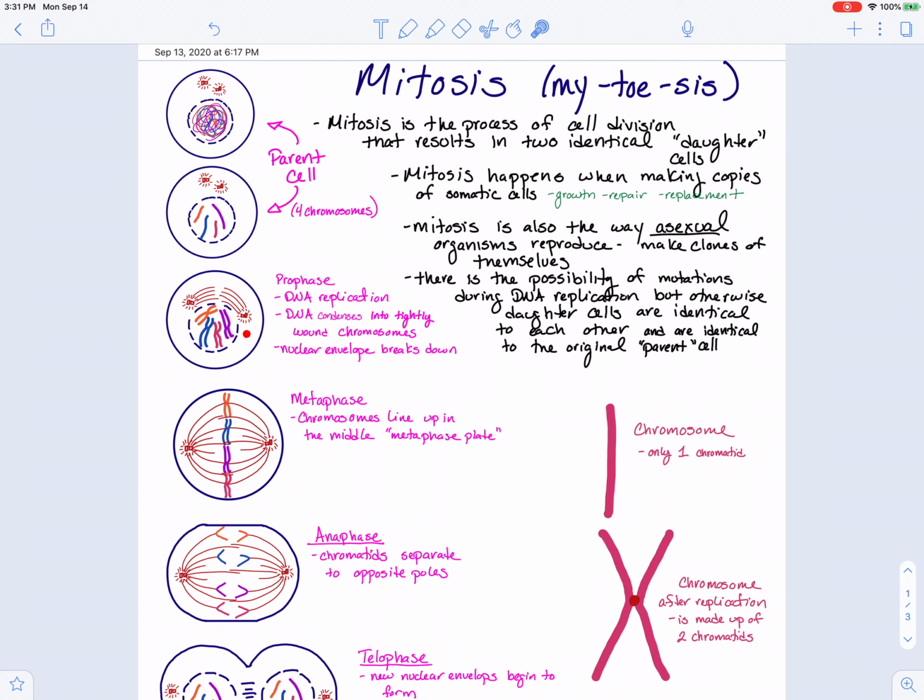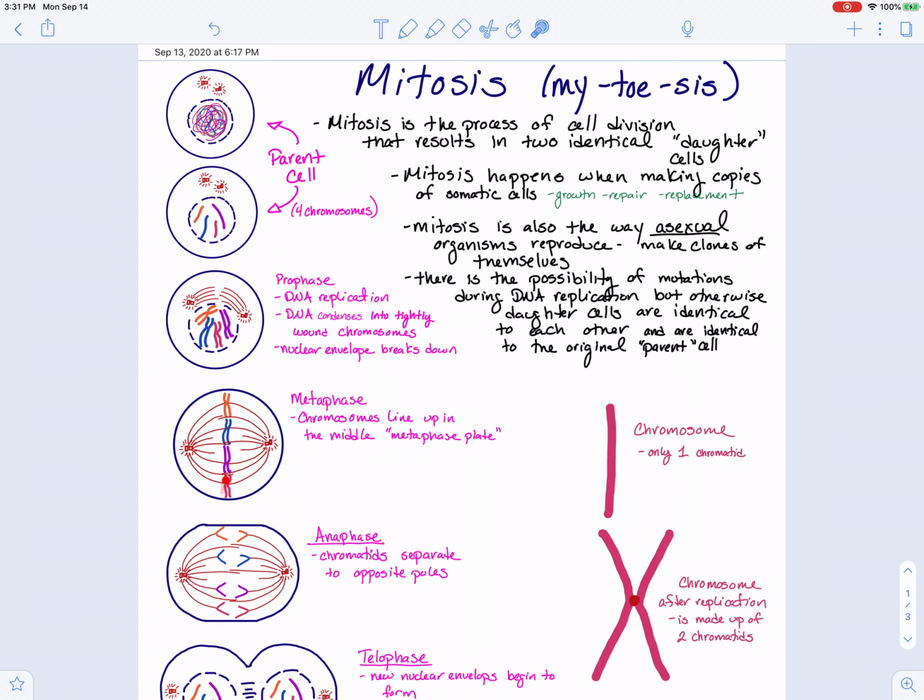The nuclear envelope is just starting to break down, and we've got some microtubules that are going to start to extend. You don't have to know much about the microtubules, but if you see pictures, that's what they are. Then what happens is we take those 4 chromosomes that are made up of those 2 identical chromatids, and they line up on what's called the metaphase plate.